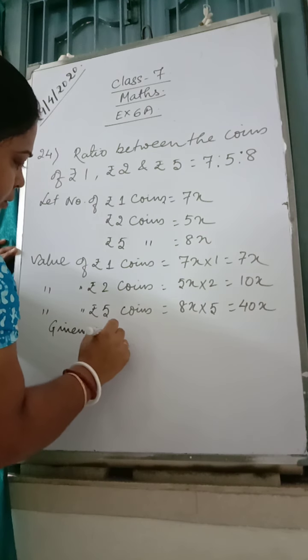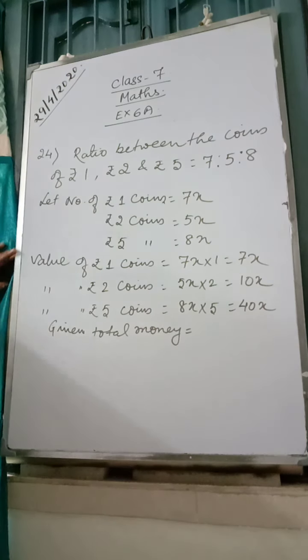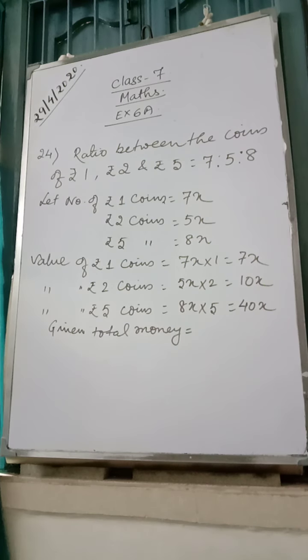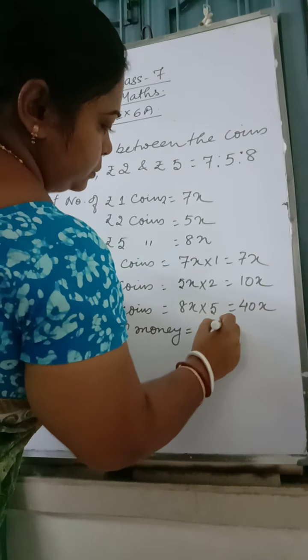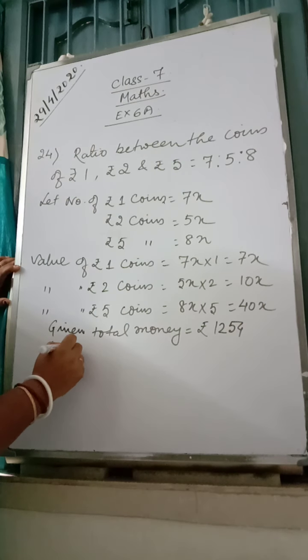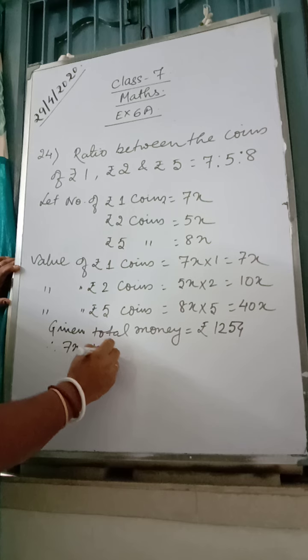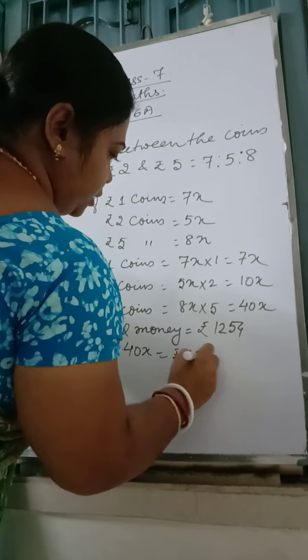Because we have to add the values, that is equal to the total money given. Total money is equal to rupees 1254. So we add: 7x plus 10x plus 40x is equal to rupees 1254.